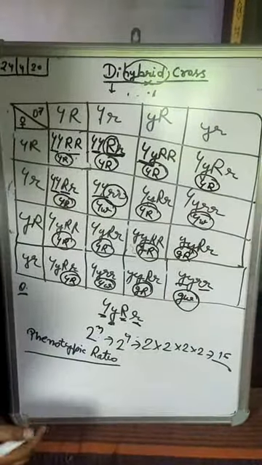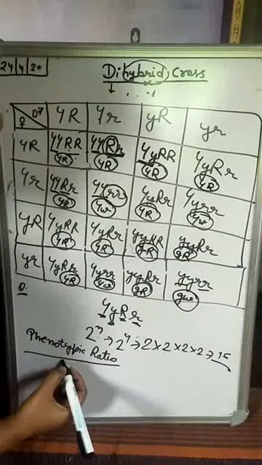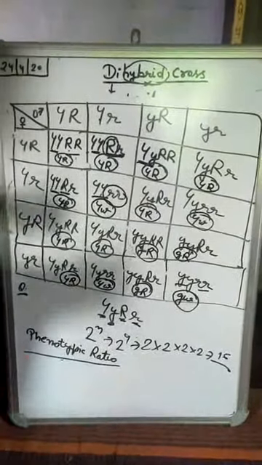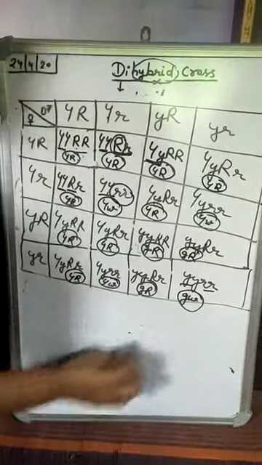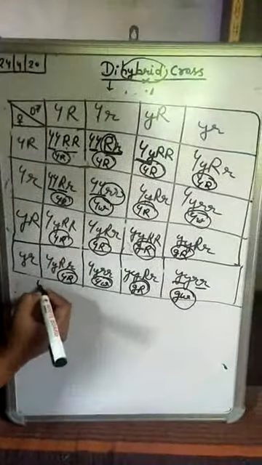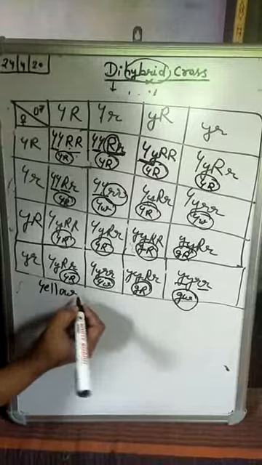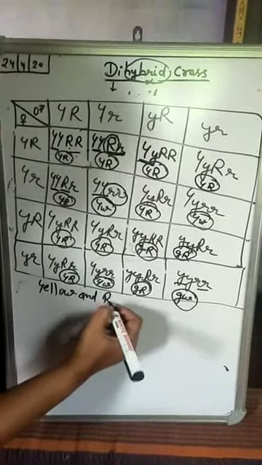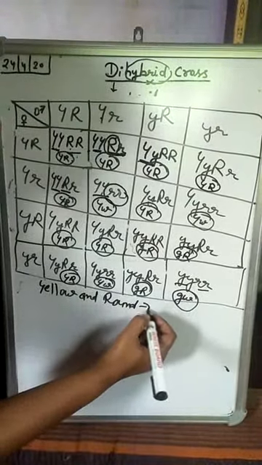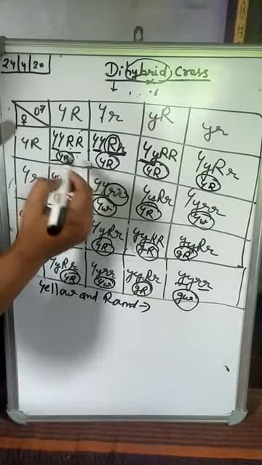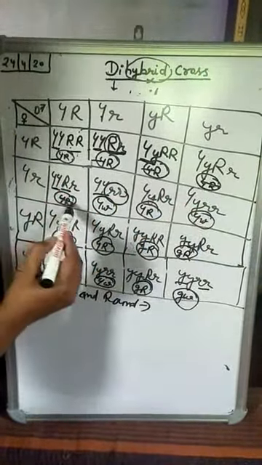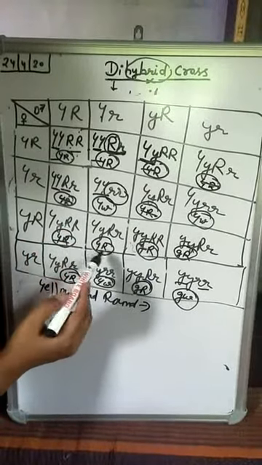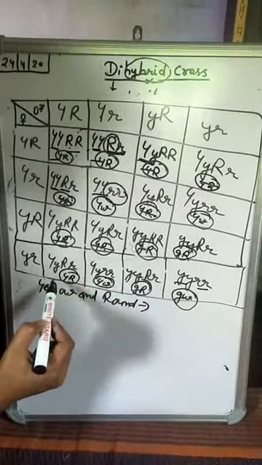Now first of all, count the total number of yellow and round. Look, 1, 2, 3, 4, 5, 6, 7, 8 and 9.